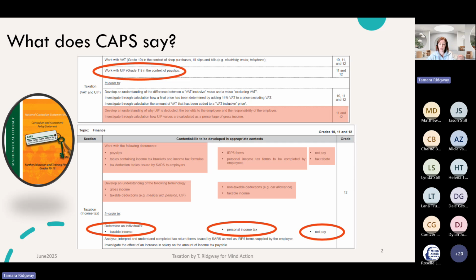These are all the things that, straight from CAPS, we need to be doing with our students. We must develop an understanding of the following terminology: gross income, taxable deductions, taxable income, non-taxable deductions, and lastly, determine an individual's taxable income, personal income tax, and net pay.